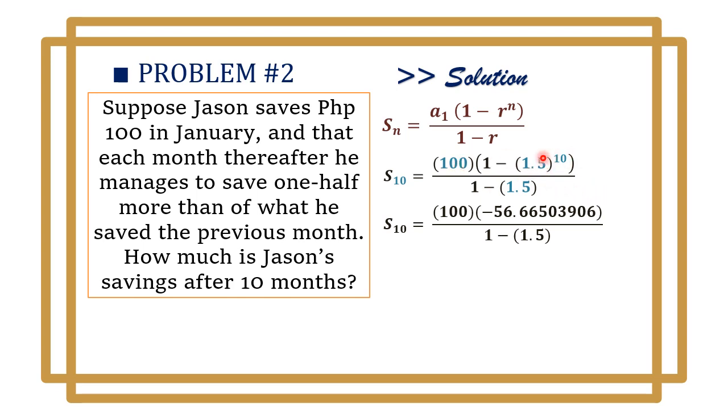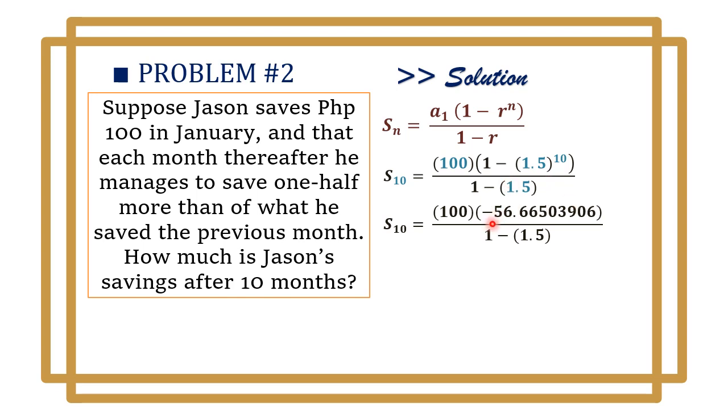Let's focus first on the numerator, guys. So I would start with 1.5 raised to 10. And here, I already subtracted the answer of 1.5 raised to 10 from 1. So 1 minus 1.5 raised to 10.